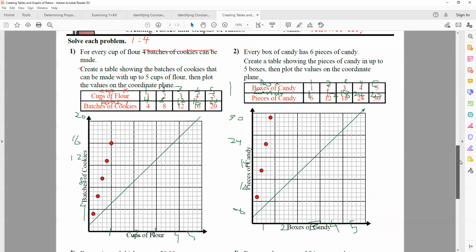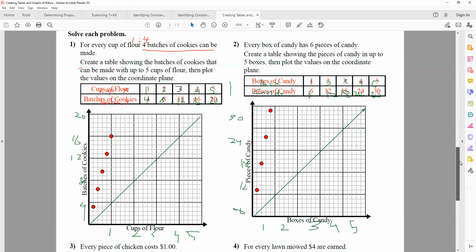Now you see how yours is a little bit different than theirs. Do you notice? Yeah. That's because what you did is fine, as long as you label your scale, like here you go 4, 8, 12.